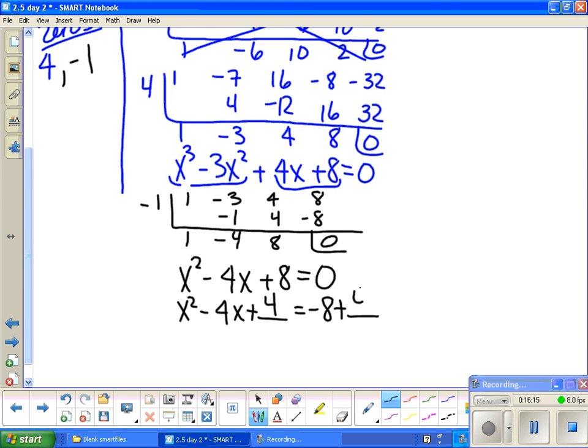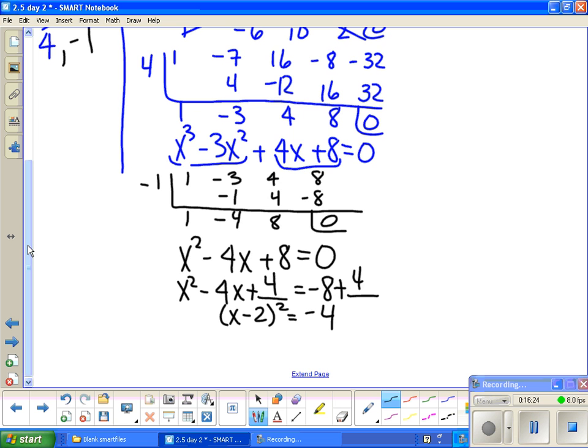Add 4 to both sides. Square root both sides. Add 2 to both sides. Square root of 4 is 2. Square root of negative 1 is i.